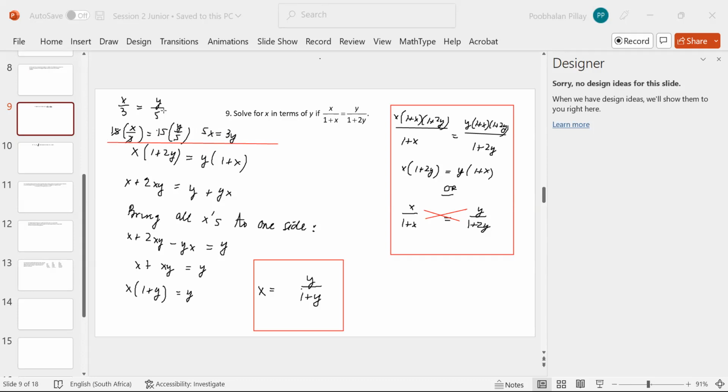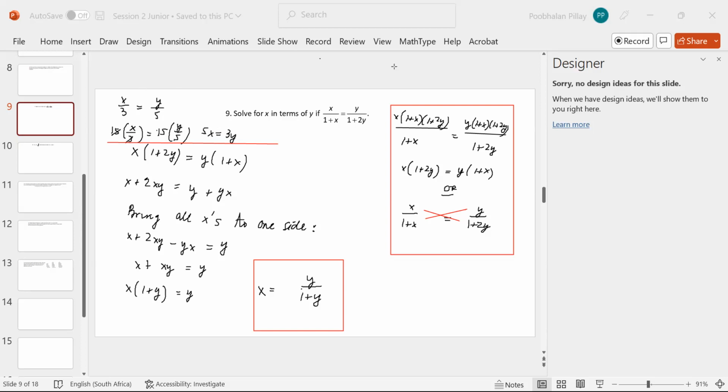But there's no such rule like cross multiply. You can only multiply on both sides by the same quantity. That's what we did here. But eventually we see this. And it's a very good, easy technique. Whenever you have two fractions that are equal, you can cross multiply. They will still be equal.